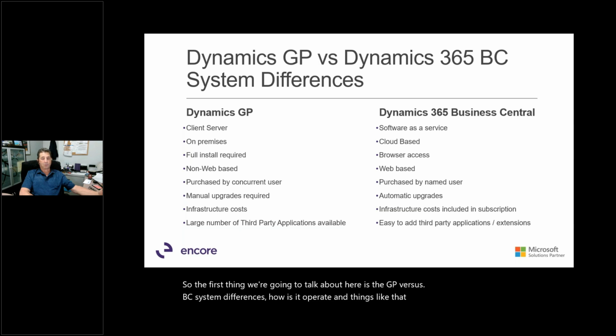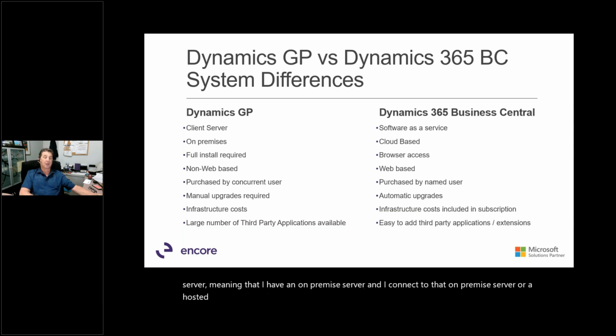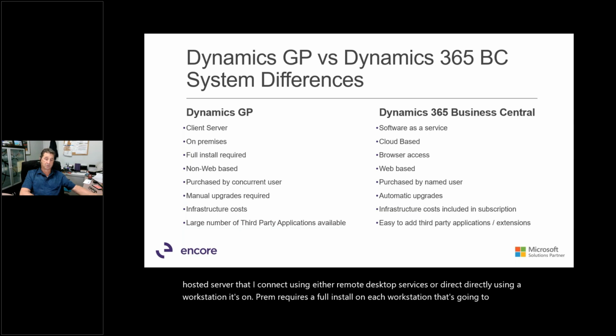So in the GP world, everything is client server, meaning that I have an on-premise server and I connect to that on-premise server or a hosted server using either remote desktop services or directly using a workstation. It's on-prem, requires a full install on each workstation that's going to operate it, be that a workstation, a laptop, or an RDS server.